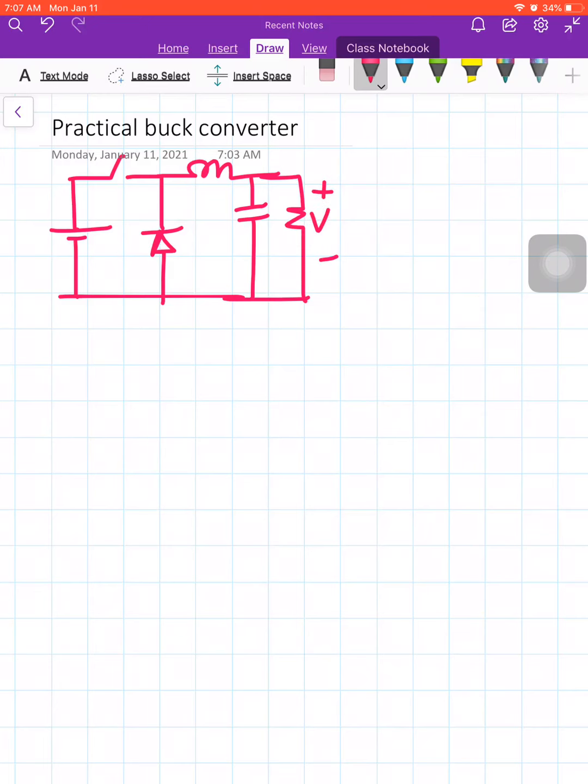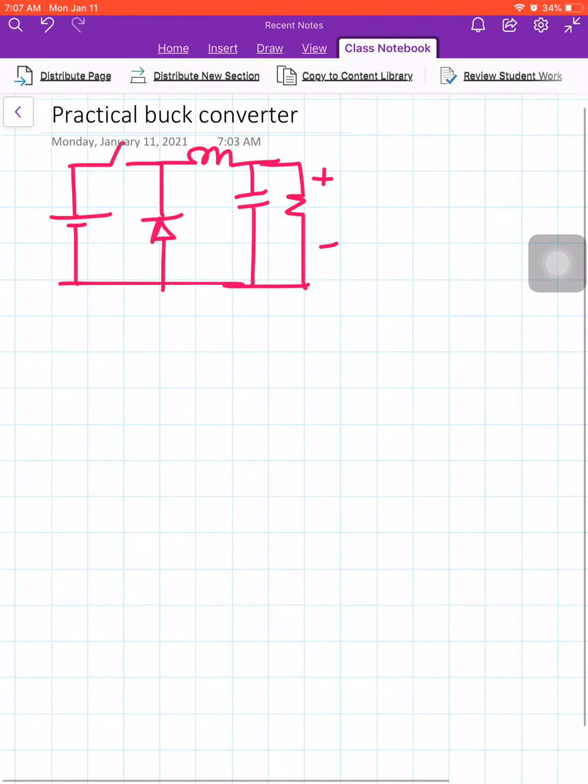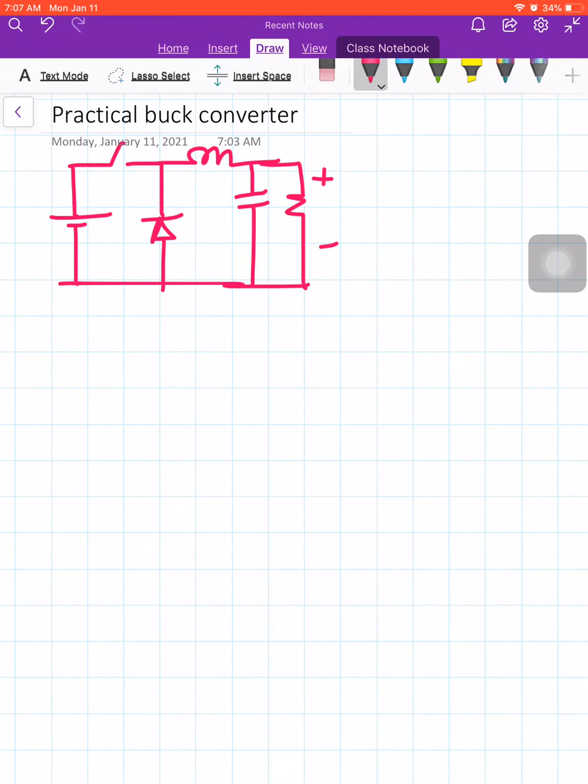So this we are calling small v of t. And this is the inductor current iL. Since the filter capacitor is in parallel, v of t is nothing but the voltage across the capacitor.